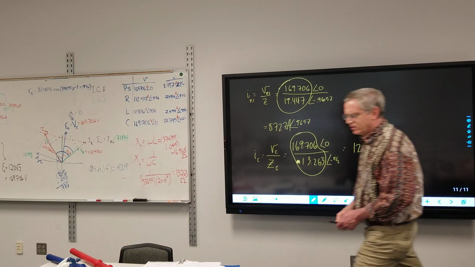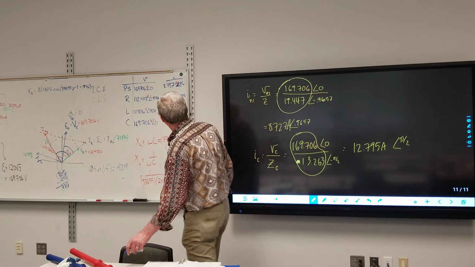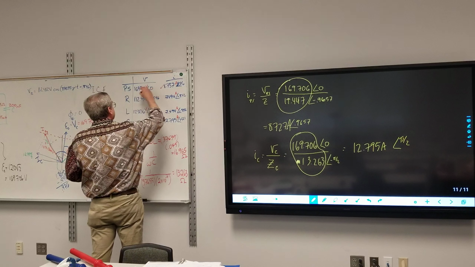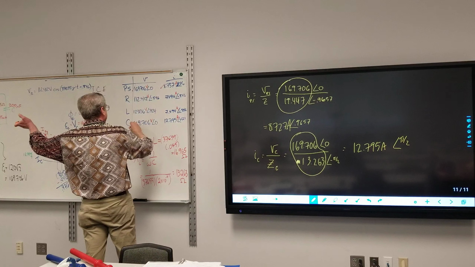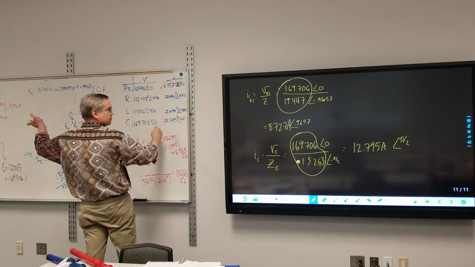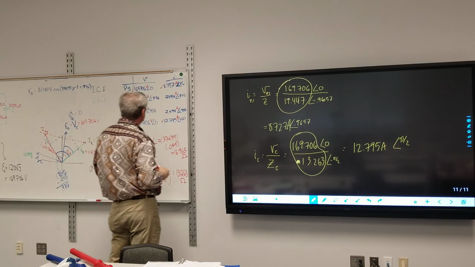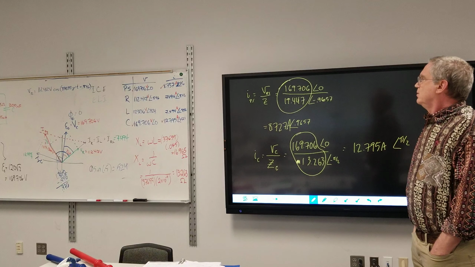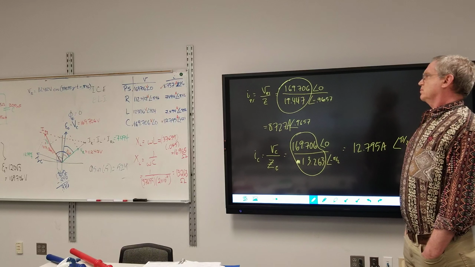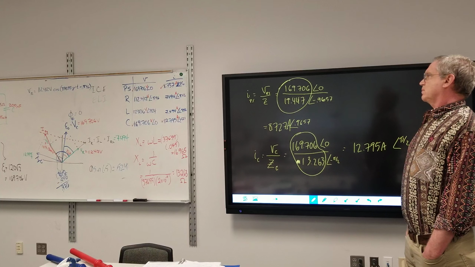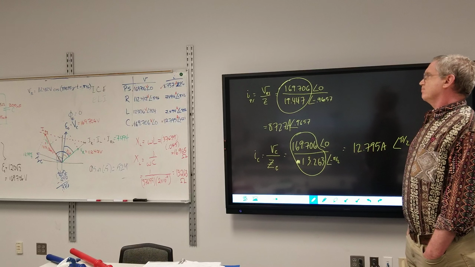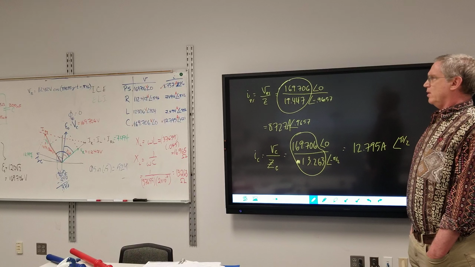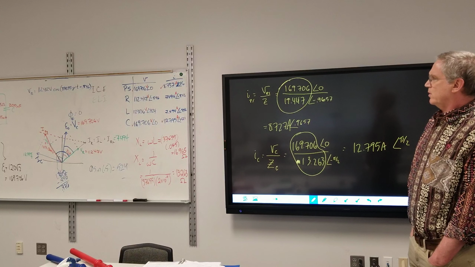So at this point, we've got this, that, and that from the initial information. We've got the voltage across RL. Actually, we could do the current across RL.